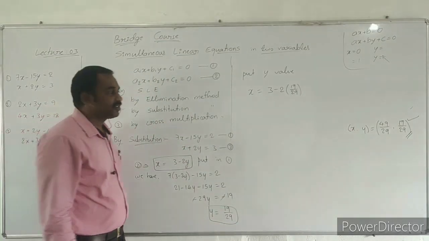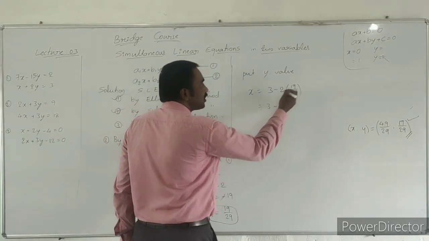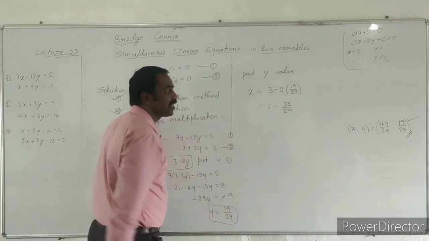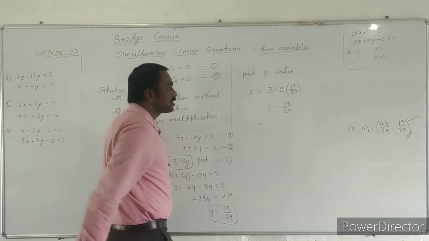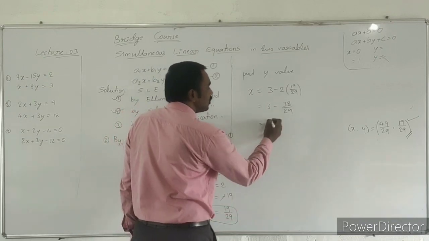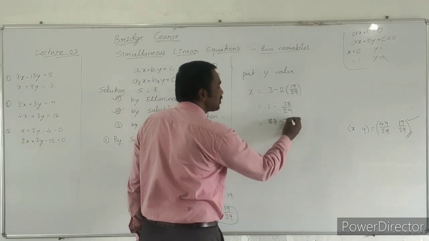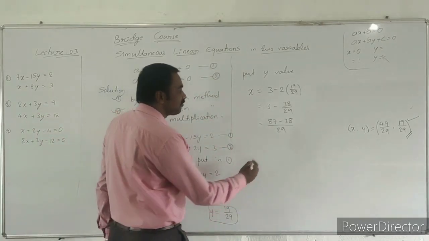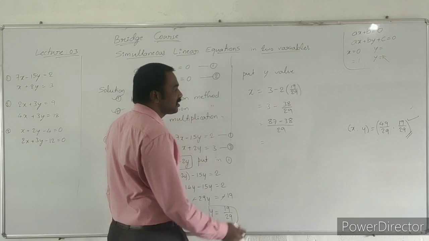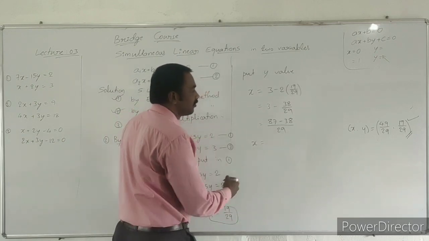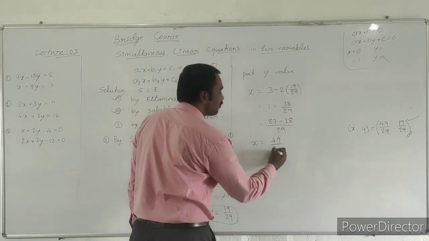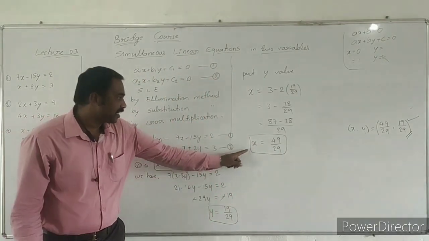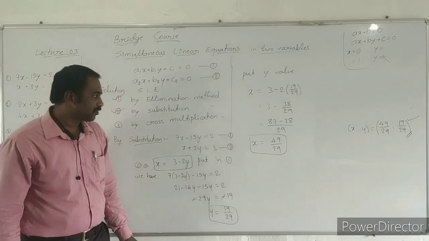Now simplify: 3 minus 2 nineteens are 38, divided by 29. 29 threes are 87, minus 38, divided by 29. 87 minus 38 is 49, divided by 29. So observe that the x value is 49 divided by 29.